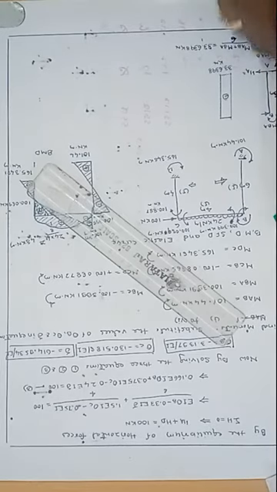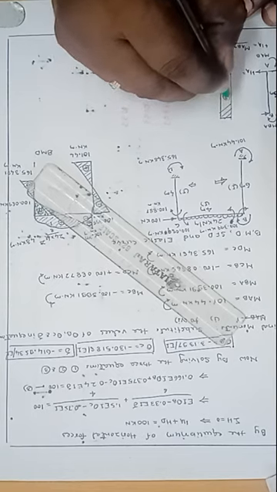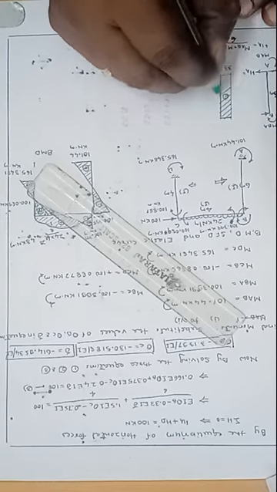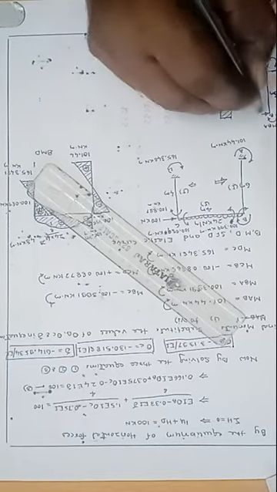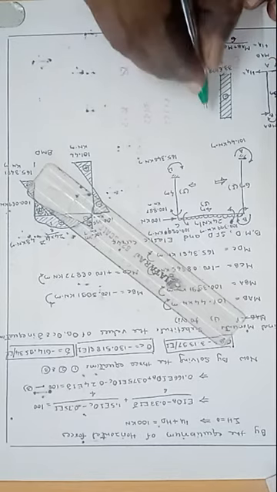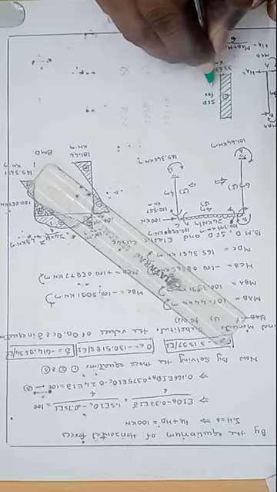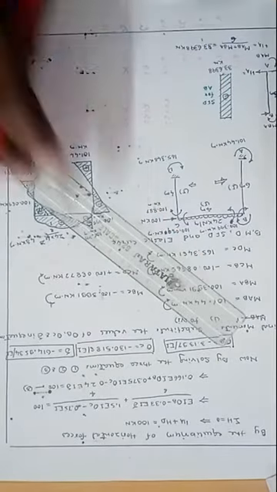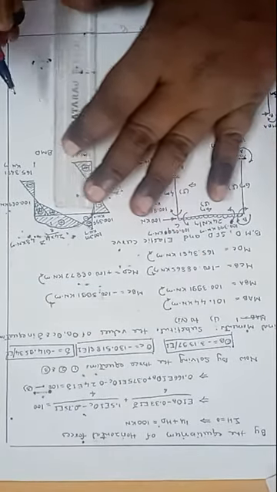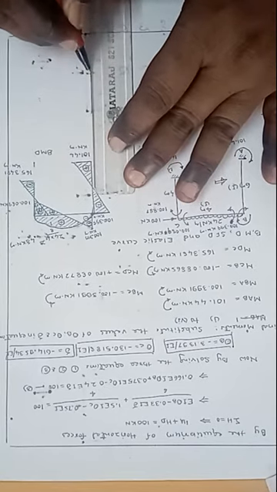This is for the portion A to B. This one is A, this one is B, this one is the SFD for AB. Then similarly we can draw the SFD for the other vertical member.